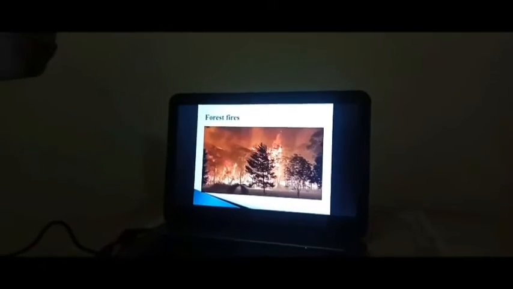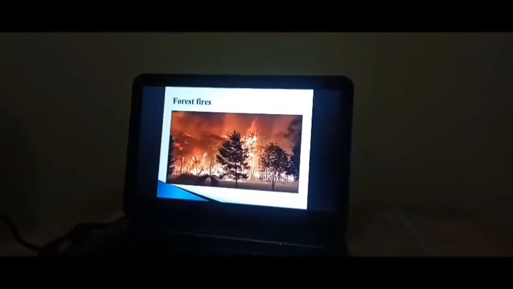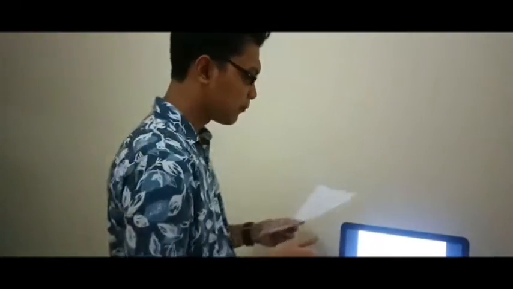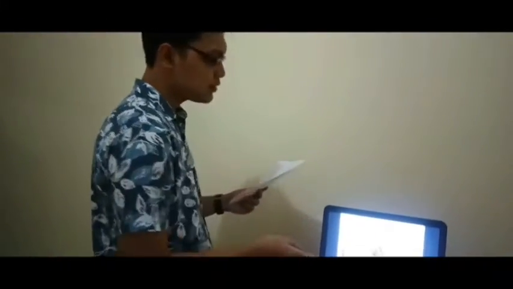And then I will show you the second picture. So the second picture is about forest fire. So you also have to define whether a forest fire is caused by humans or by nature.